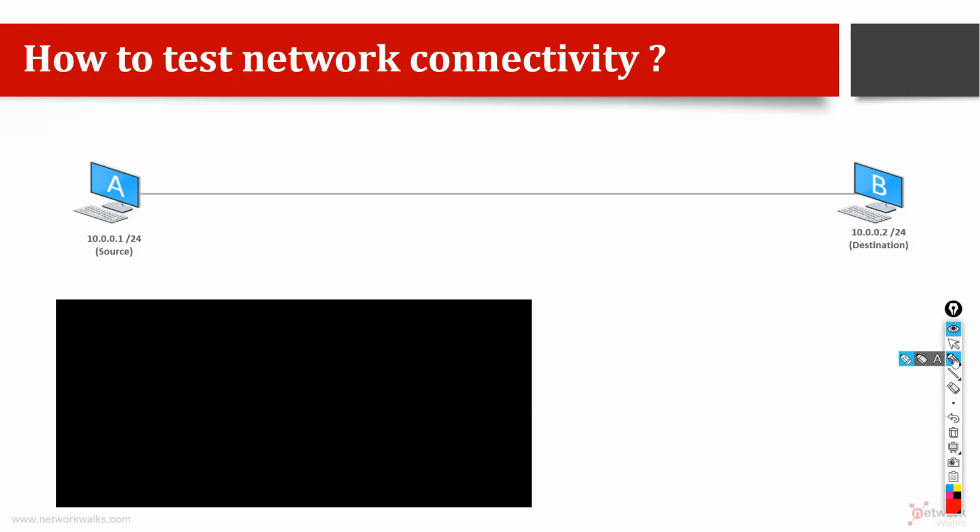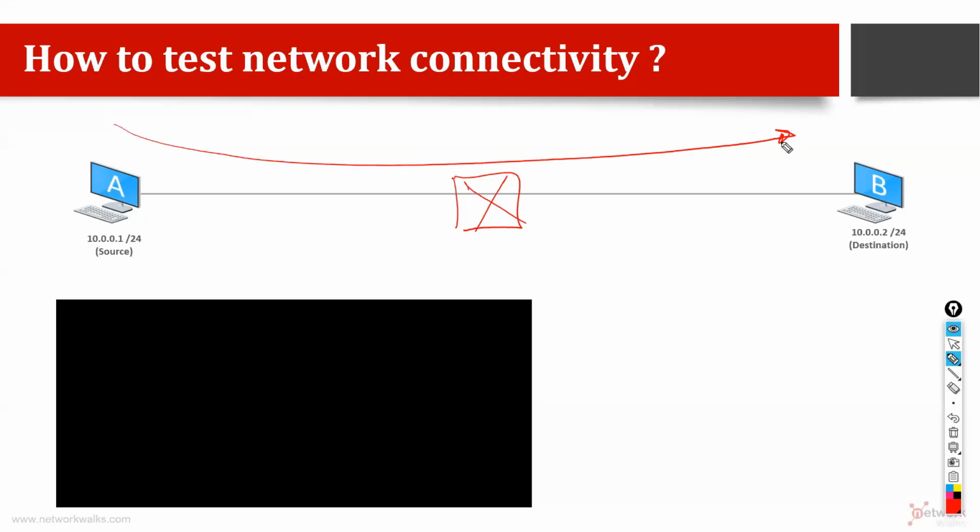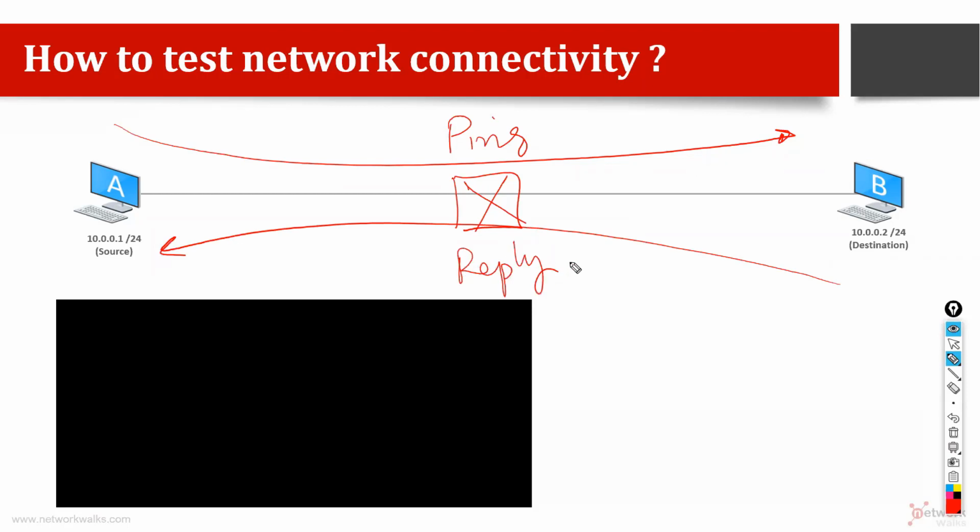Now, how do we test connectivity when we have two computers connected through a switch or a router or whatever? This side sends a test message, which is called a ping. Ping is a test message which we send from one side, and a reply comes back which confirms that yes, we are alive. Just like if I ask you guys, hey guys, are you alive or not?